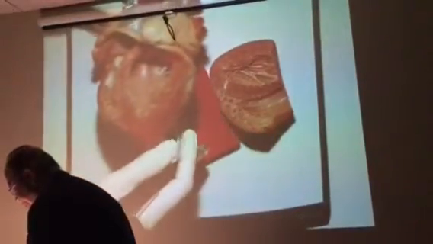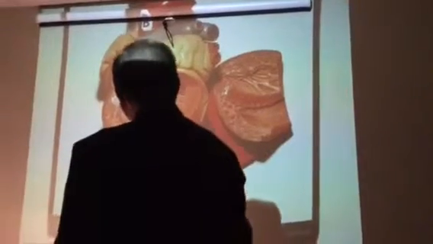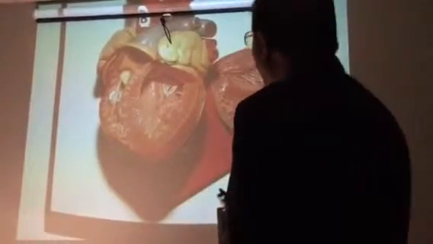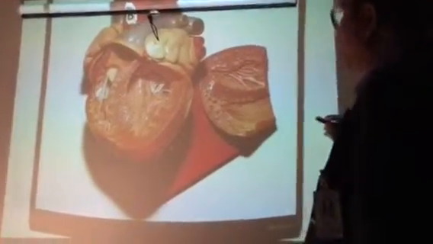Okay. Now if I remove the wall of the ventricles like this, okay. Now what I have done, I have removed the anterior wall of both right ventricle and left ventricle.